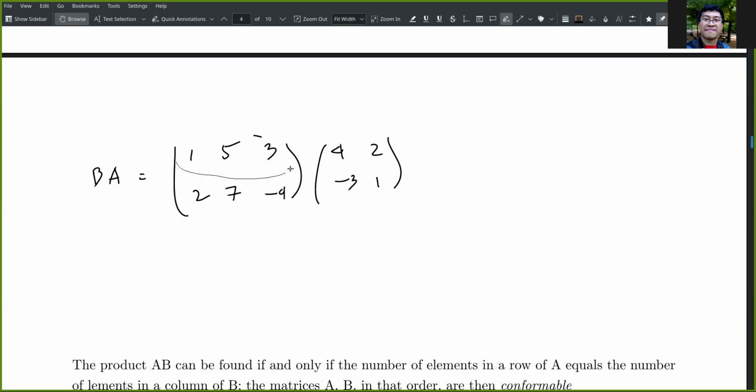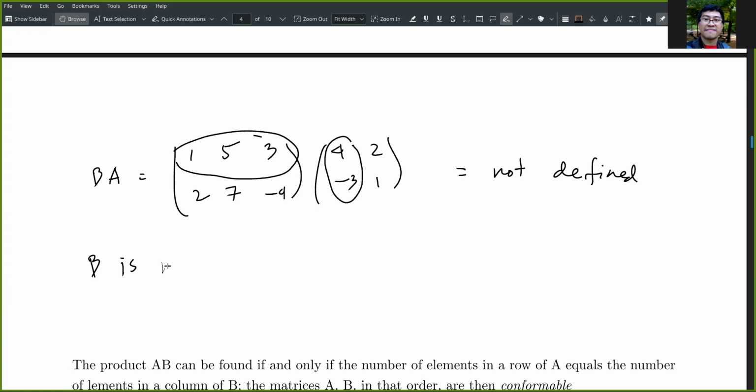Multiply this row with this column. That would not be defined. So it means that B is said to be not conformable with respect to A.